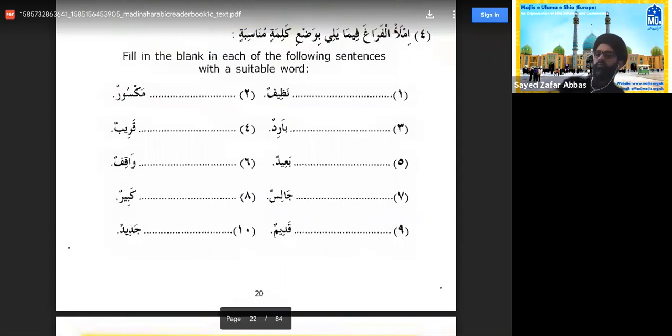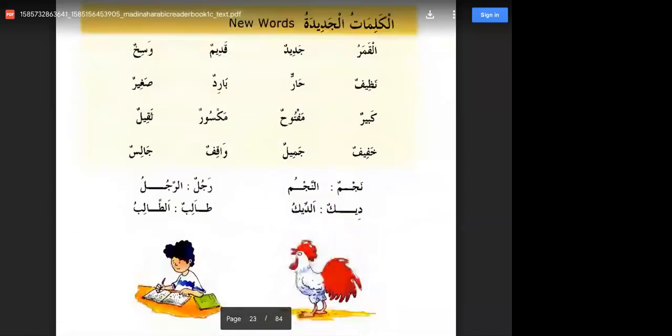Then we have Qadim: Al-Daftar Qadim, the notebook is old. Jadid: Al-Qalamu Jadid, or Al-Qamisu Jadid, the shirt is new, for example. If we have the next slide, thank you.